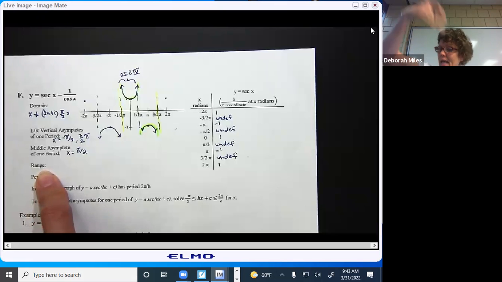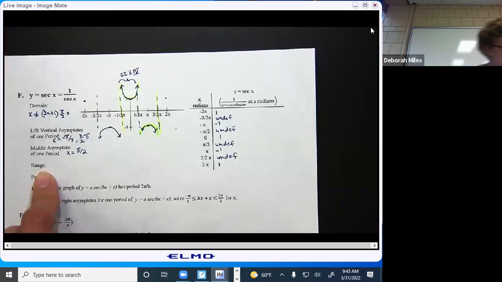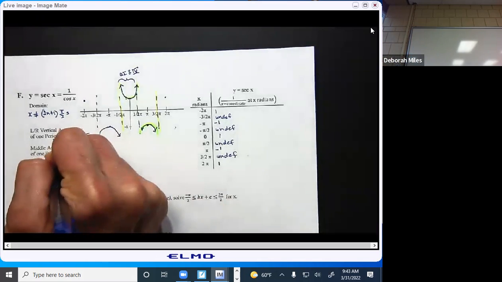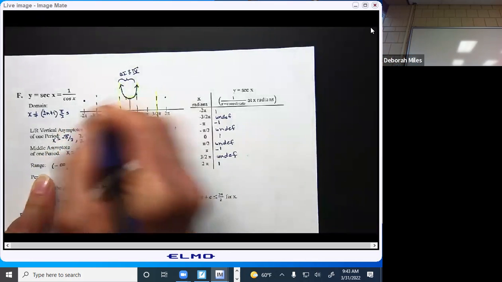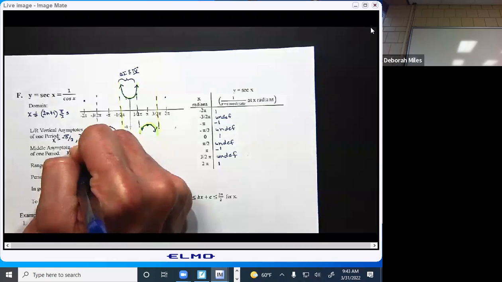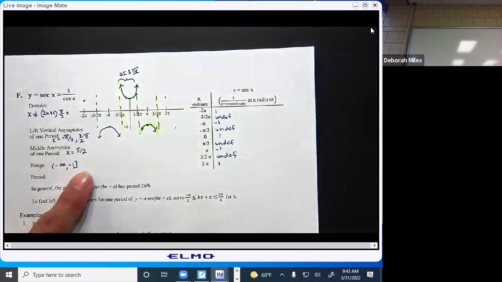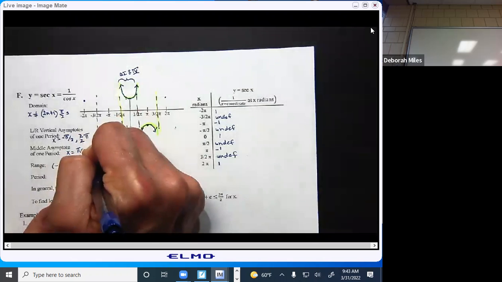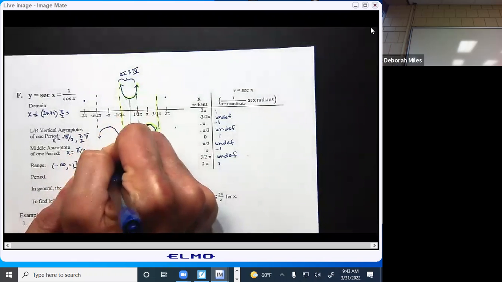It would be -infinity to infinity, but there's y values in between the concave up and the concave down that secant's never going to hit. So we have to say it is from -infinity up to -1, including the -1, and then also from 1 to infinity.